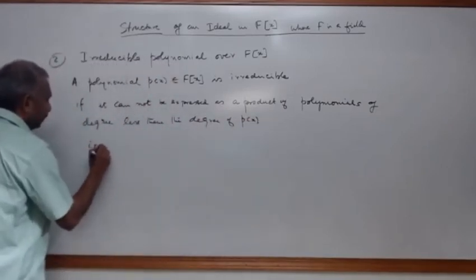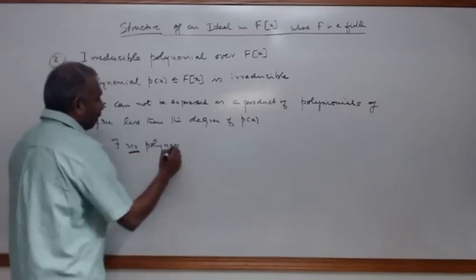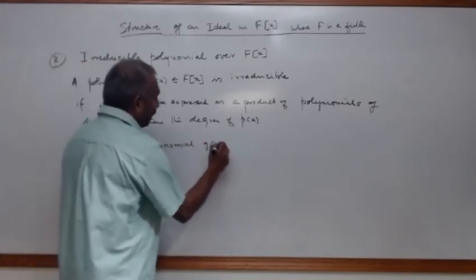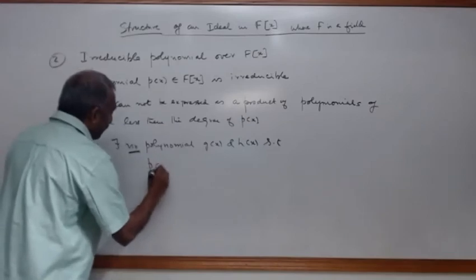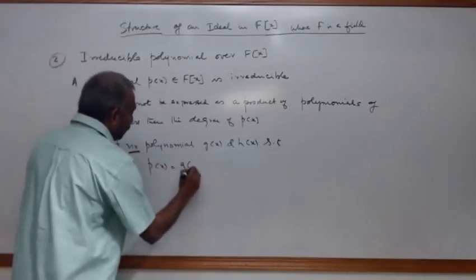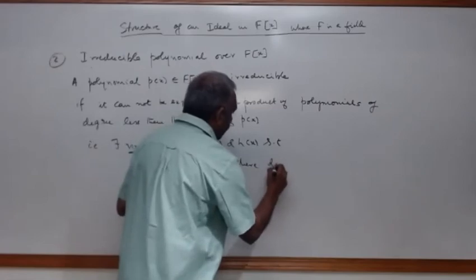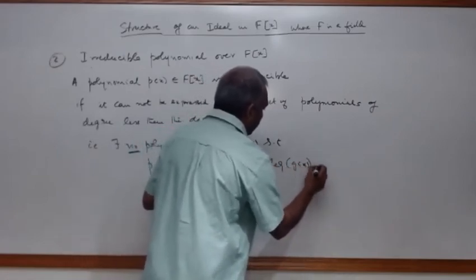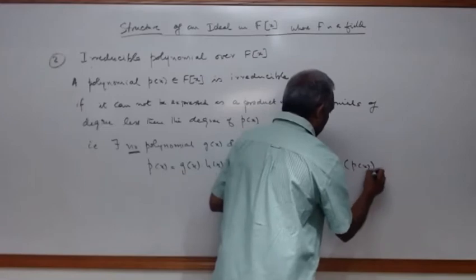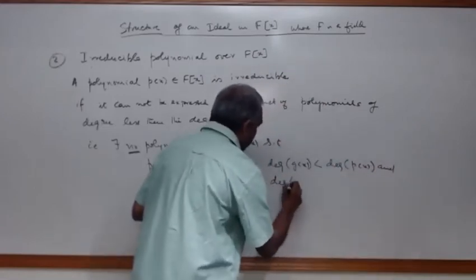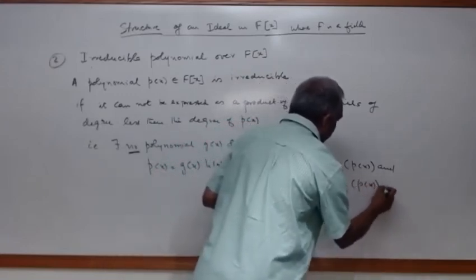That is, there exist no polynomials g of x and h of x such that p of x is equal to g of x times h of x, where degree of g of x is less than degree of p of x and degree of h of x is less than degree of p of x.